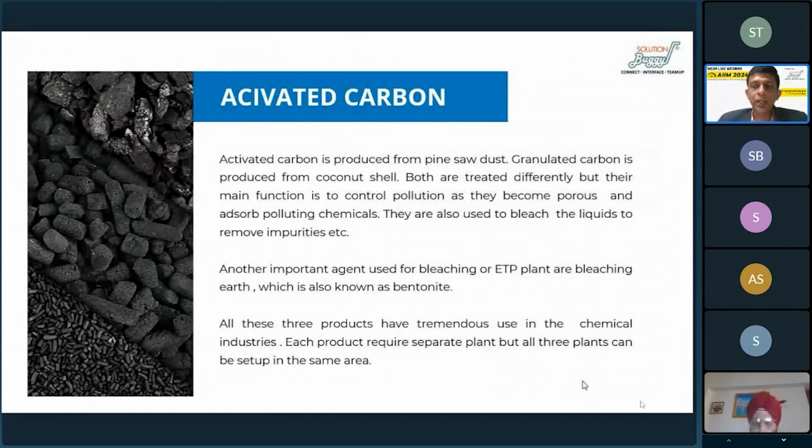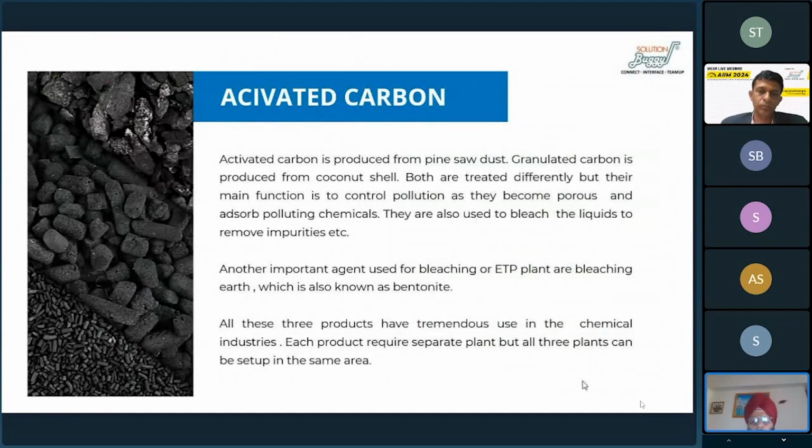So this bentonite is basically multani mitti, na? Yeah, it is there, but there are different categories. Certain bentonites are useful, certain are not useful. There, of course, you can say, molecular sieves. Previously, bentonites were converted into molecular sieves or zeolites.